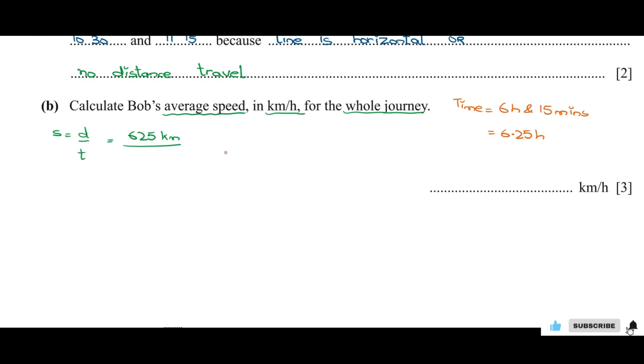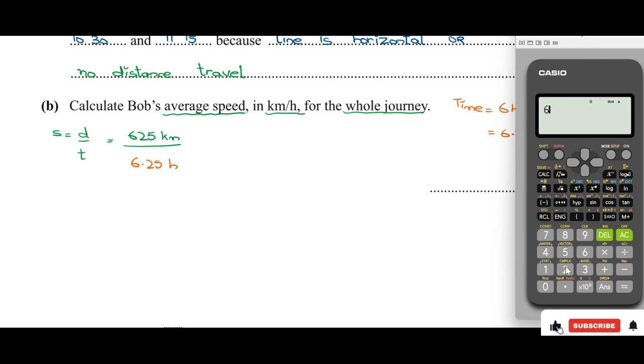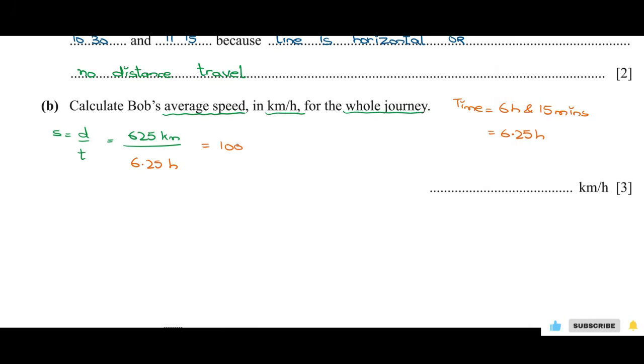So this time is 6.25 hours. So 625 divided by 6.25 is the speed, which is 100 kilometers per hour. 100 kilometers per hour is the average speed of Bob's whole journey.